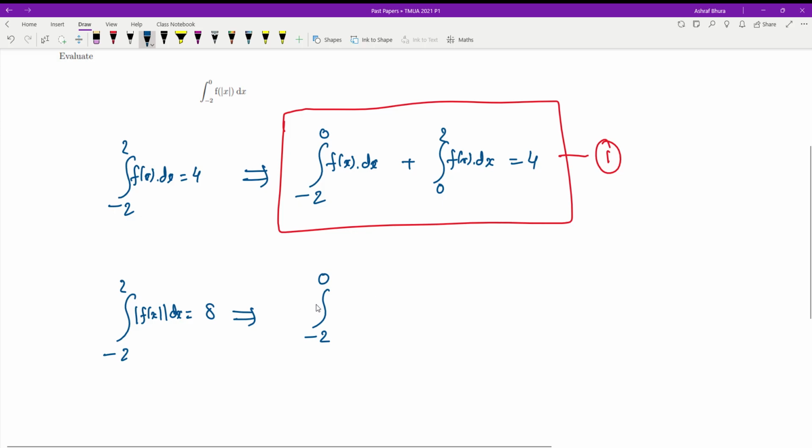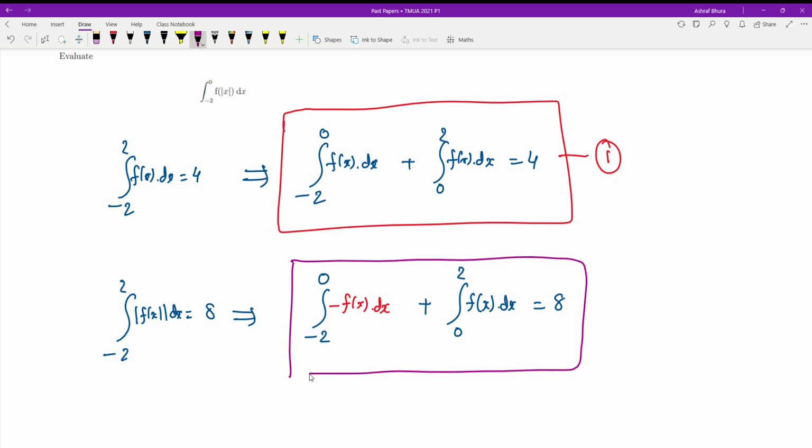So instead of opening it as f of x, I should open it as negative f of x dx, if I want to remove the modulus, plus this will become 0 to 2. From 0 to 2 it's just positive, so it will open as f of x dx is equal to 8. Okay, so now I have two equations. This is equation number 2.